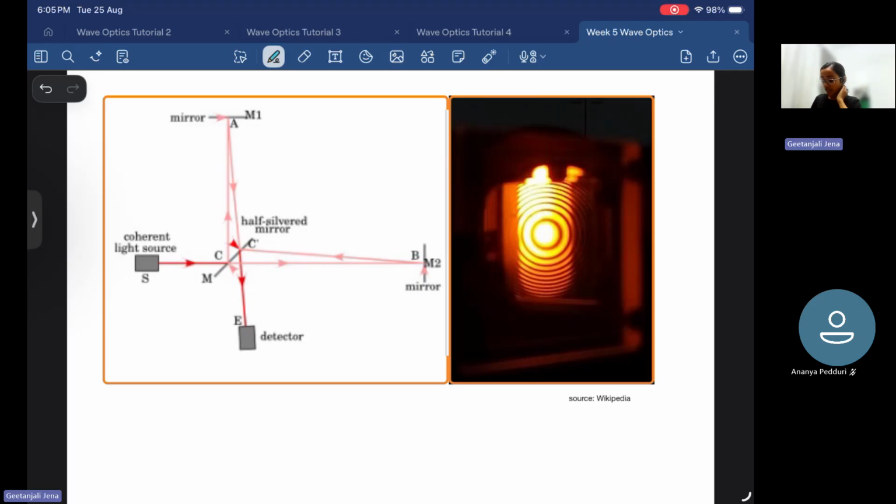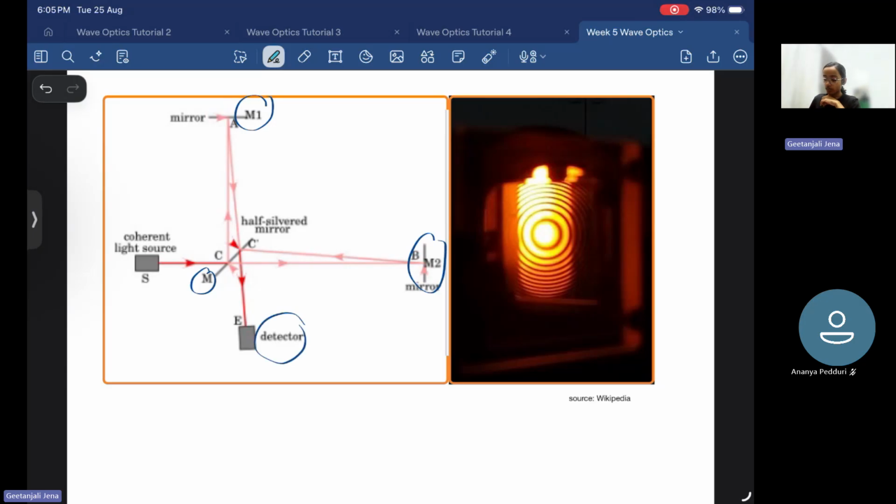Here I have two kinds of mirror, M1 and M2, and a beam splitter present in the middle. Then we observe the resultant pattern after the light passes through this beam splitter, at the detector position.